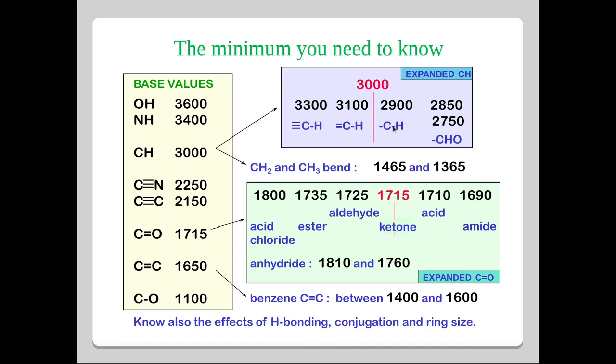So it's easy to distinguish these band systems. Then again, for CH bands, for methyl and methylene functional groups, the CH bending vibration usually happens at around 1465 and 1365 centimeter inverse respectively for CH2 and CH3.